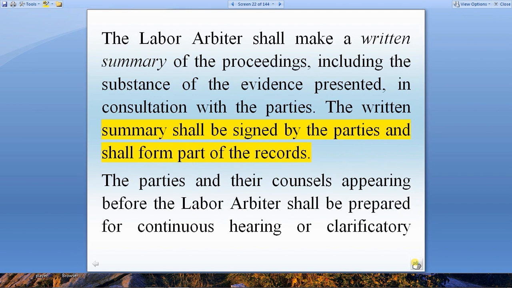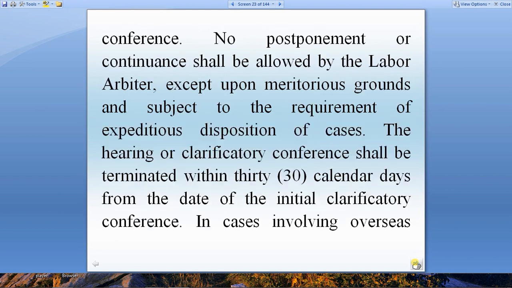After the presentation of the case, he shall make a written summary of the proceedings. At saan? Ito ay pipirmahan ng parties involved that will form part of the official records. The parties and their counsels appearing before the labor arbiter shall be prepared for a continuous hearing or clarificatory conference. So, bawal ang postponement or continuance, except on meritorious grounds and subject to the requirement of expeditious disposition of the case.